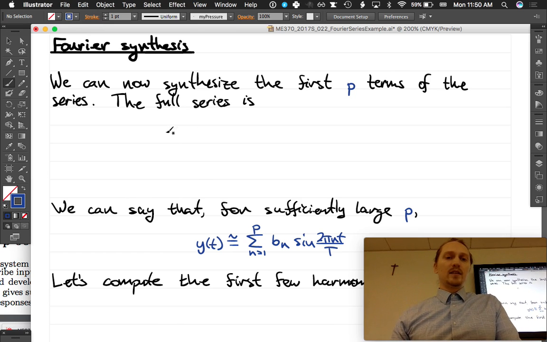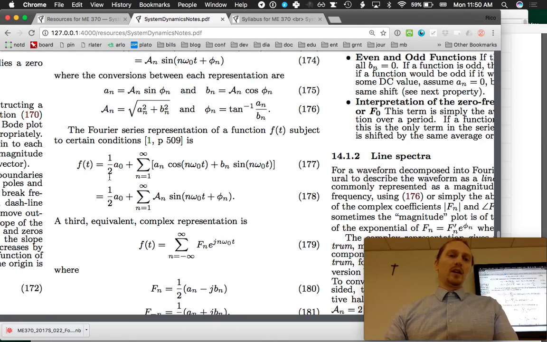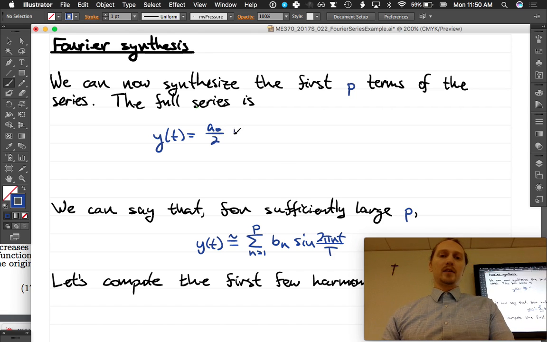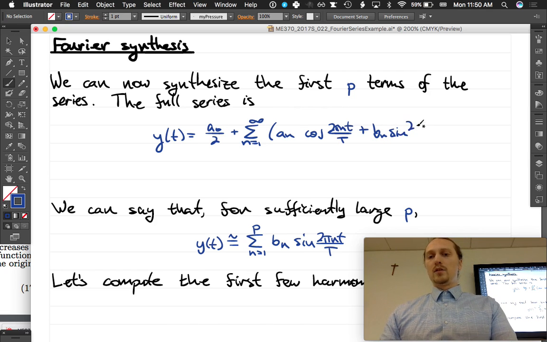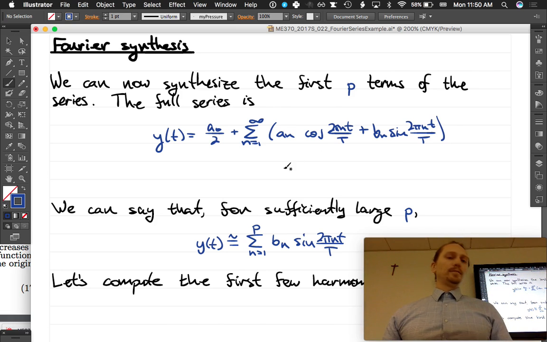The full series is a0 divided by 2, straight out of the formula, equation 177, plus the sum from n equals 1 to infinity of a_n cosine 2 pi n t over T plus b_n sine 2 pi n t over T. We computed a_n and b_n, so we can compute these.